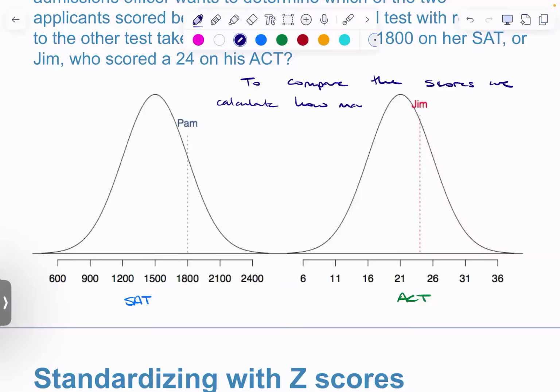As you can imagine, it can be above the mean or it can be below the mean. So we need some standardized way of finding these values. So this is what we mean by finding standardized scores.